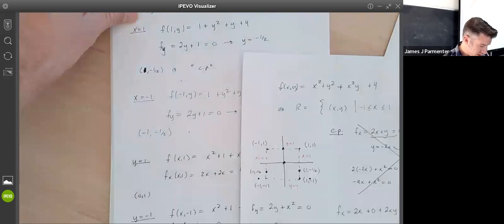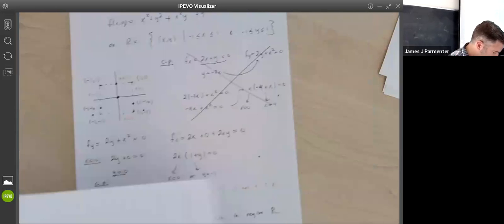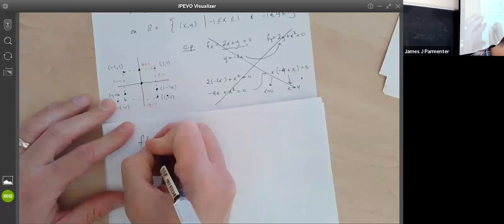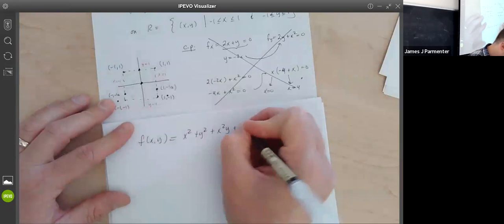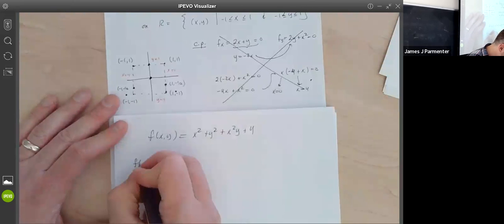And then what we do is we take all those critical points and we plug them back into the original function. So our function, f of x y, is x squared plus y squared plus x squared y plus 4. And then we're just going to plug in each of them. So we're going to do f of 0, 0.